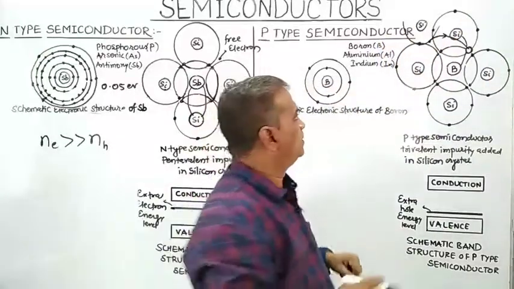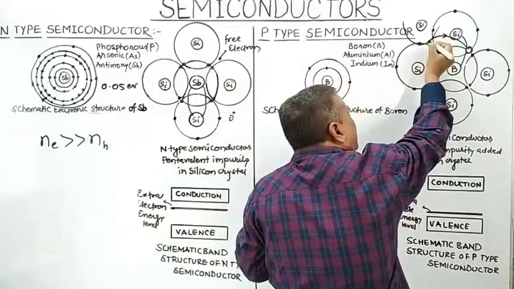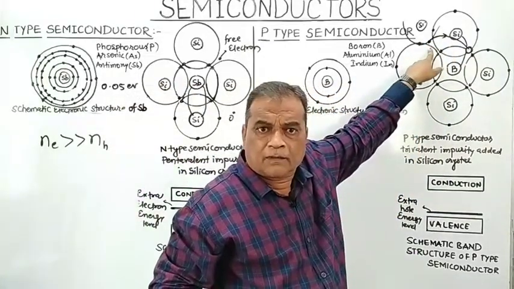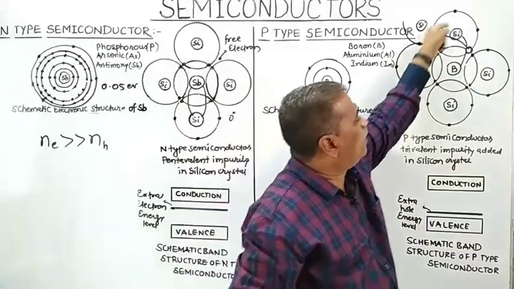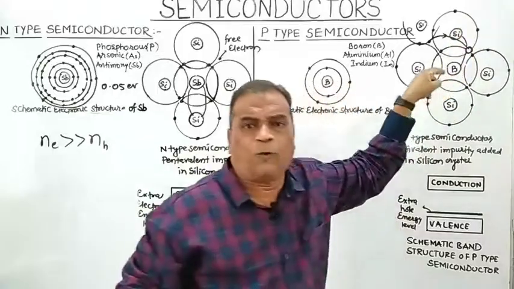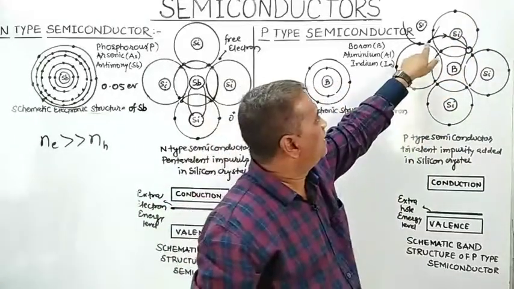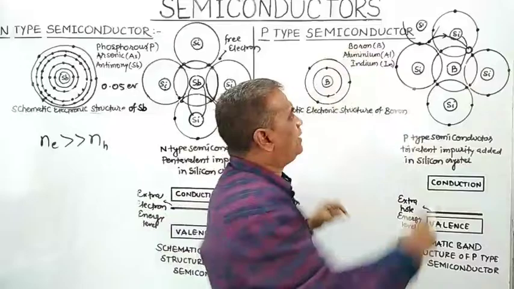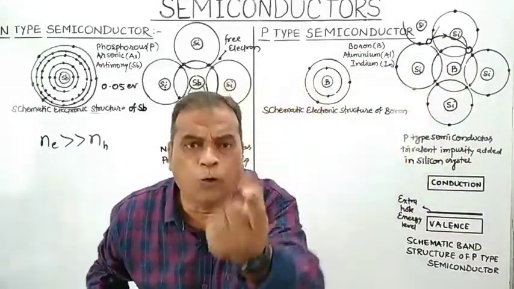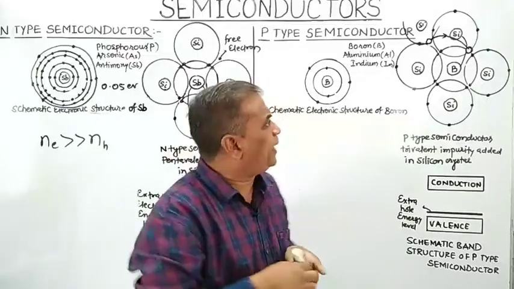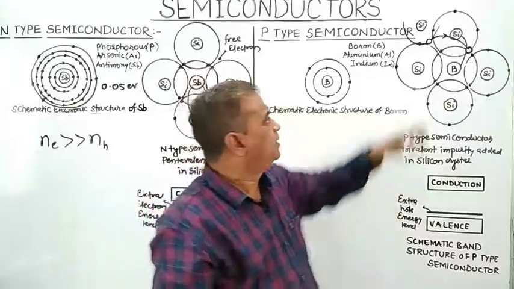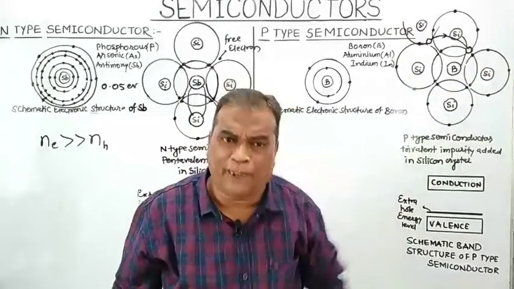And remember the place from where that electron is shared to make the 4th covalent bond complete, there is again a deficiency of electron, meaning a hole is created. So the place from where the electron from the neighboring silicon atom is shared will create a hole at that place.